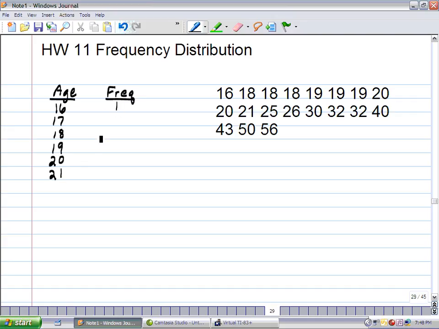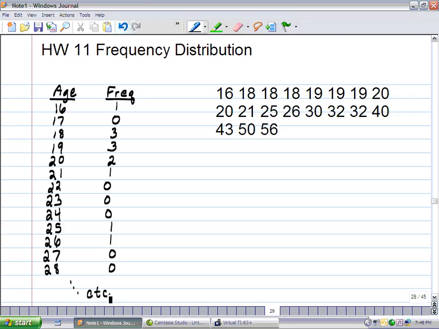I have one 16-year-old, no 17-year-olds, 3 18-year-olds, 3 19-year-olds, 2 20-year-olds, 1 21-year-old, no 22s, no 23s, no 24s, 25, 26. You can see how this would quickly become very tedious. And I've got to go all the way down to 56.